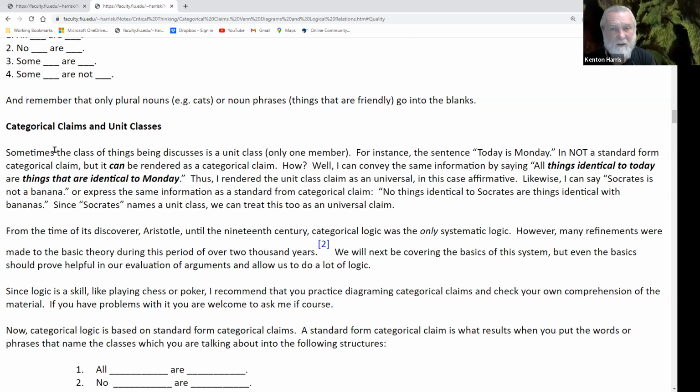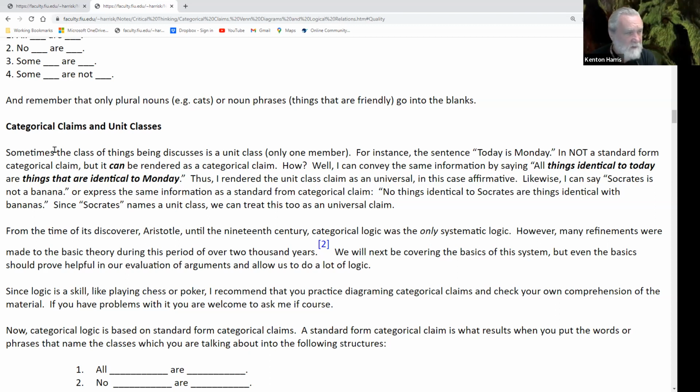Or I guess I could just say are men, right? All things identical with Socrates are men. And again, we're expressing the idea Socrates is a man, but we're expressing it in a standard form categorical claim. It's an A claim, right?